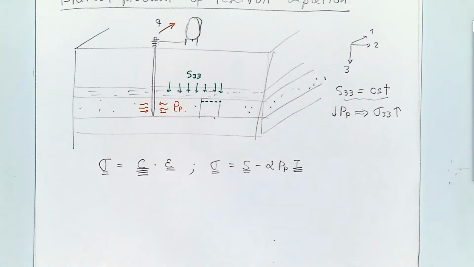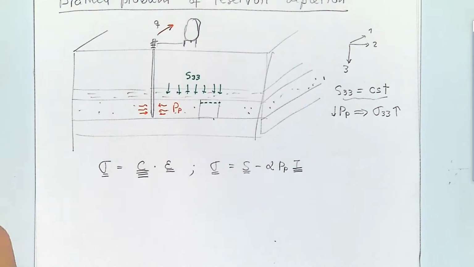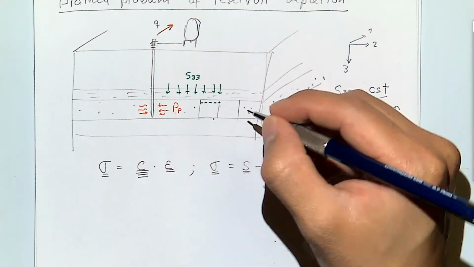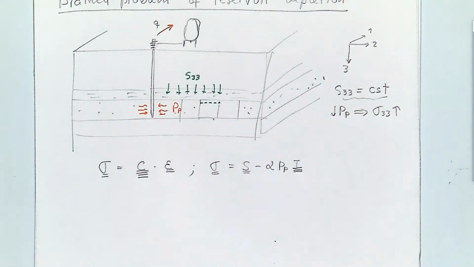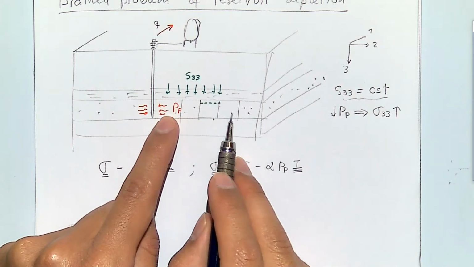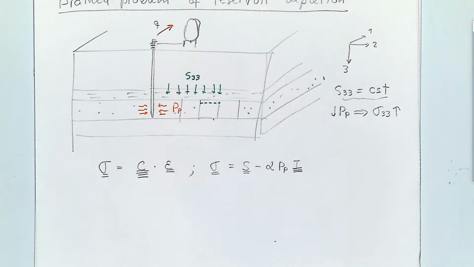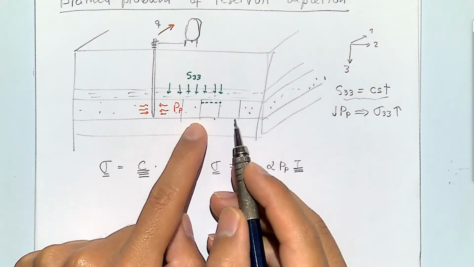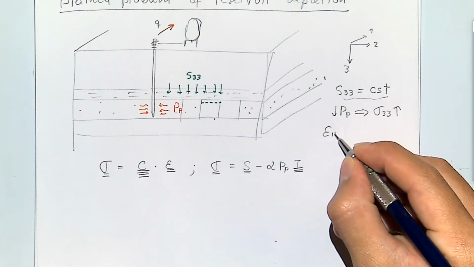And you should think this way. Similar to this block, there is also another block here, and there is another block here. So if you push in direction 3, and all these 3 blocks try to expand simultaneously, none of them is going to expand, and they're going to be locked in. And because of that, the strains are going to be 0 in direction 1 and direction 2.